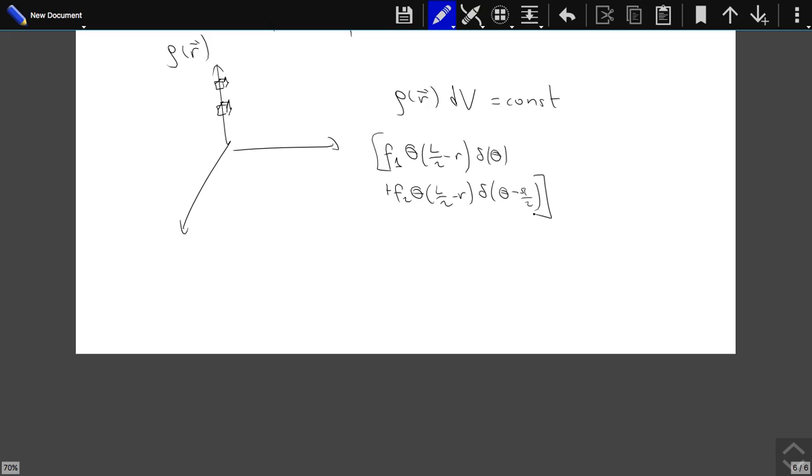Well, dV is r squared dr d phi times d theta times sine of theta. Do you agree?